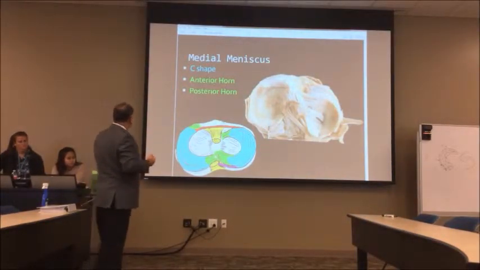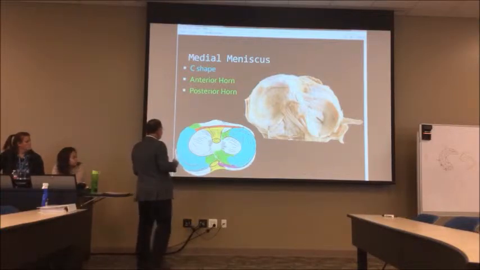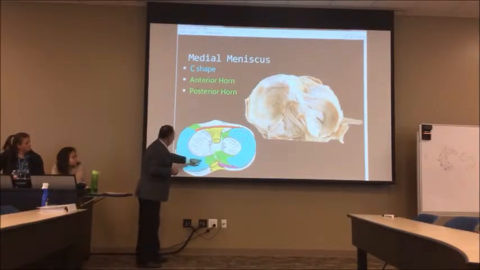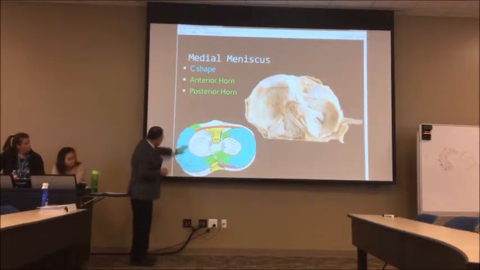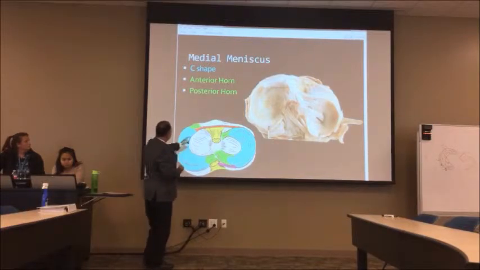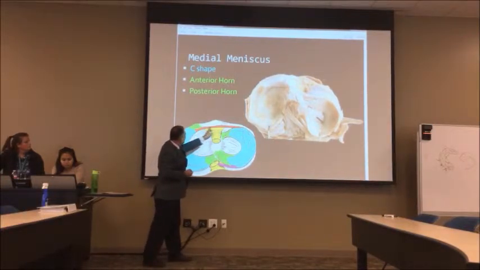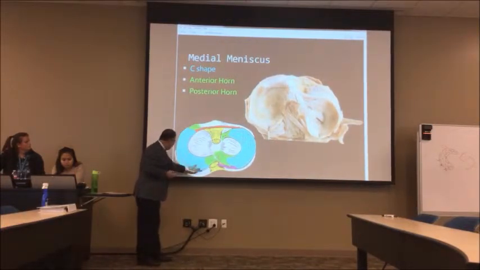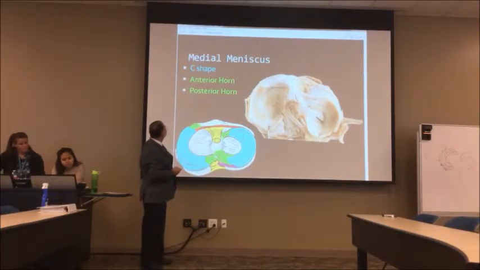So the medial meniscus, as seen here, is going to be more open, like a C shape. It's going to have an anterior horn, the body, and the posterior horn. You're going to have the transverse ligament, and all the attachments, the radiate ligament.